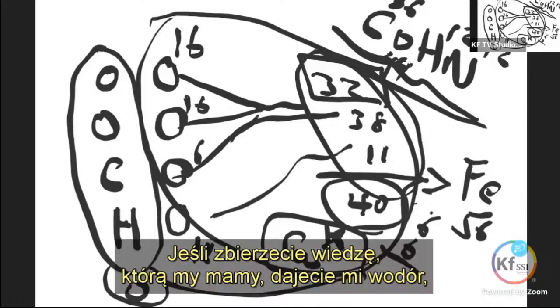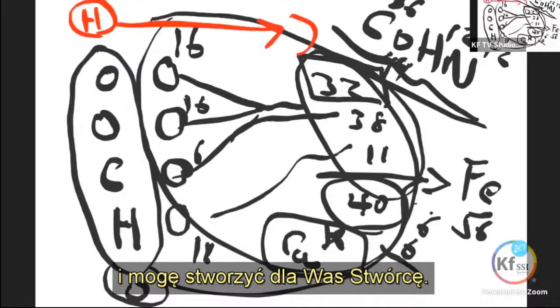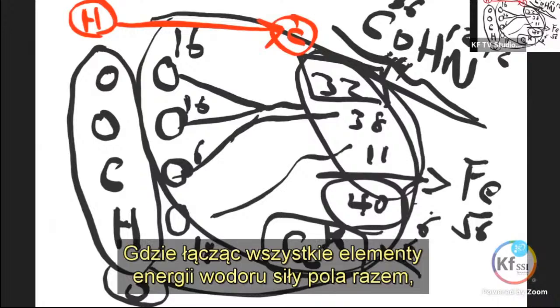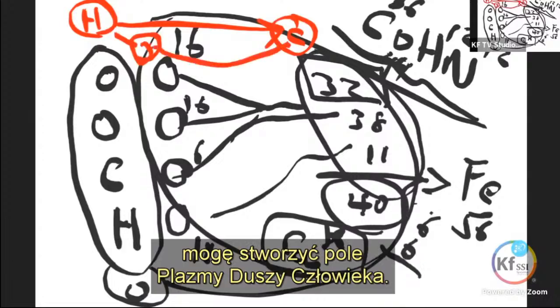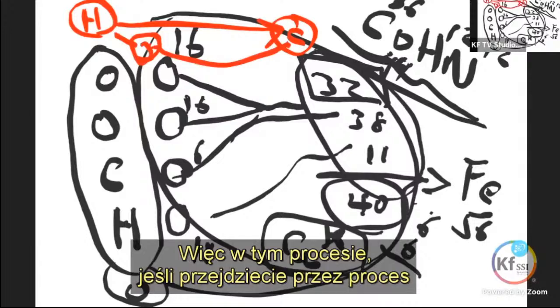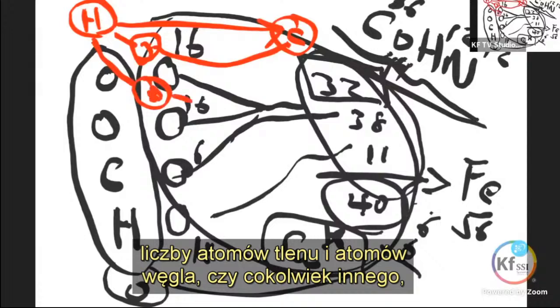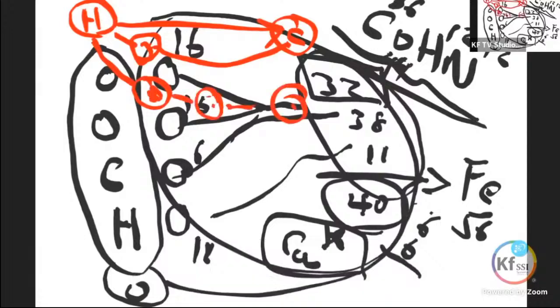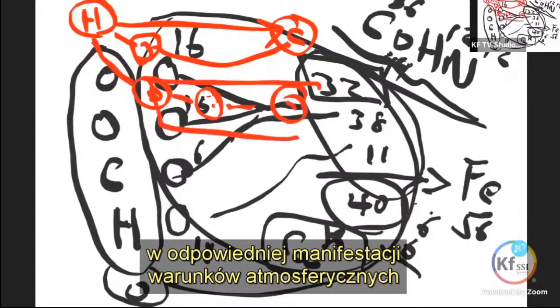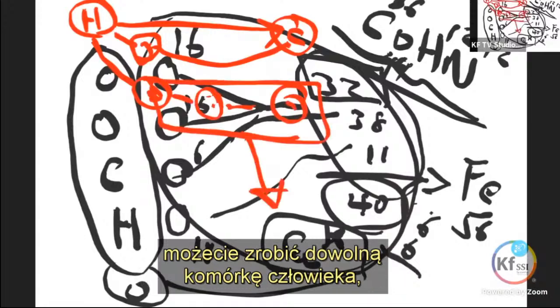If you carry the knowledge which we have, you give me a hydrogen and I can create you the creator. Where by bringing all the elements of the energy of the hydrogen field strength together, I can create the field of the plasma of the soul. So in that process, if you go through the process of number of oxygens and carbons or whatever, in the right atmospheric condition manifestation, you can make any cell of life.